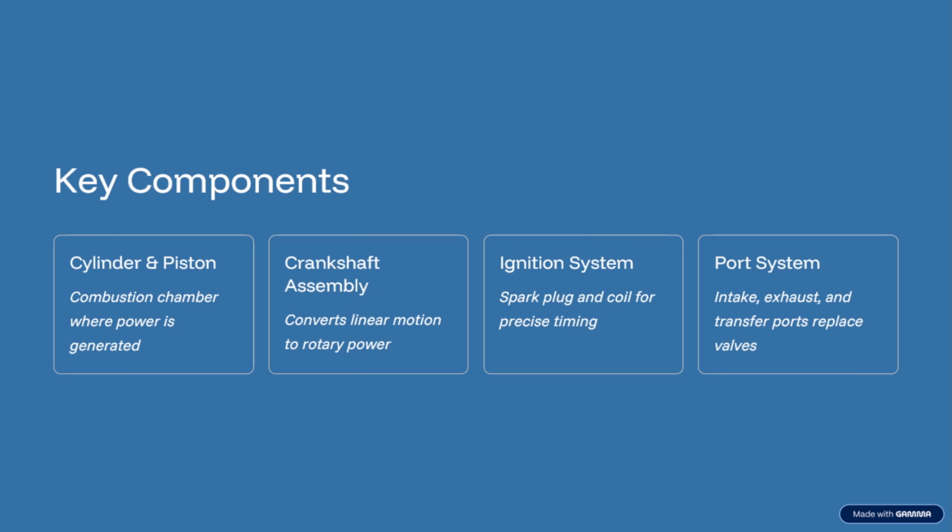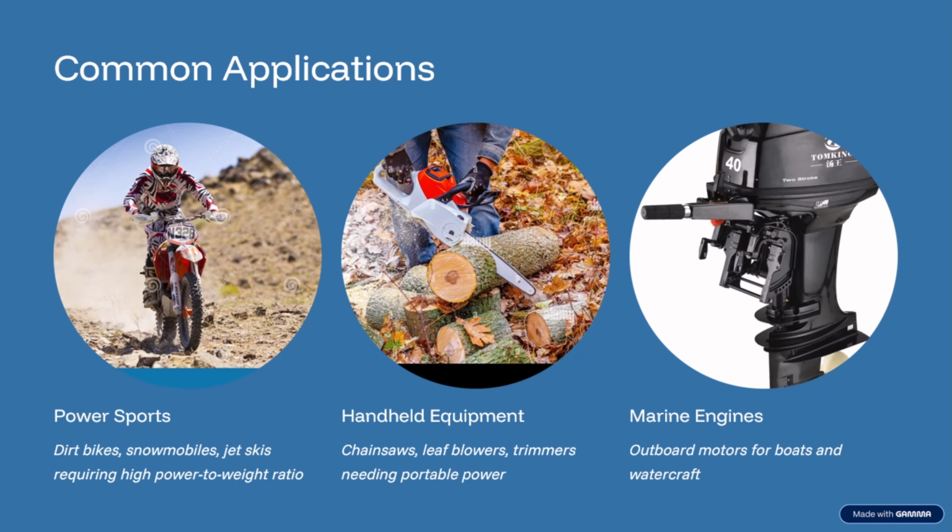And then we have the port system, intake, exhaust and transfer ports, which replace valves. Okay, it's the main four key components of the two-stroke engine. Common applications are in power sports, like we can say DT or CRM, TDR, TTR, they are using this type of engine, but they are old vehicles actually.